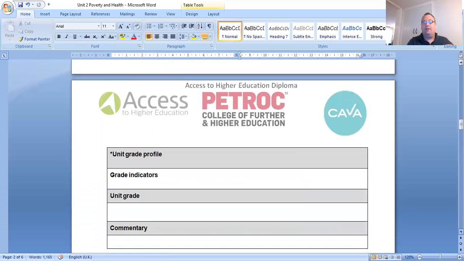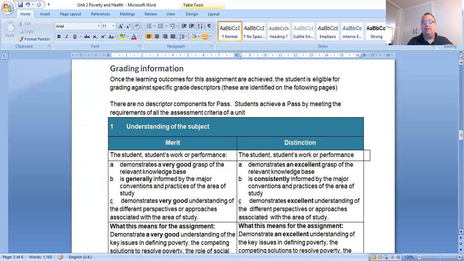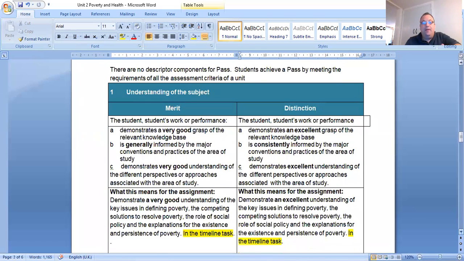Just going through to look at grade descriptors. Grade descriptor 1 is understanding of the subject. Here, good understanding of the ones. So those defining poverty, competing solutions to poverty, and explanations for the existence and persistence. This is what goes on your timeline. So this grade descriptor refers to what goes on your timeline.